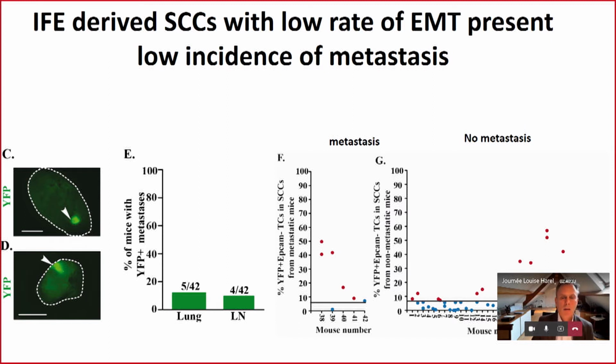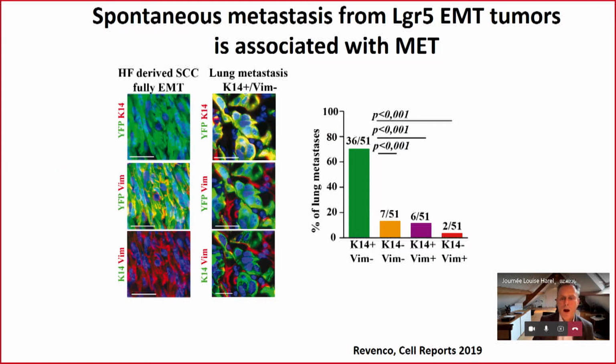The reason why EMT has been very controversial for a long time in the field of metastasis is that when pathologists look at the lung or the lymph node metastasis, they could not find any sign of EMT.